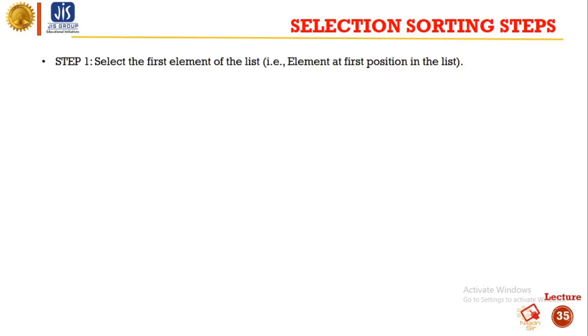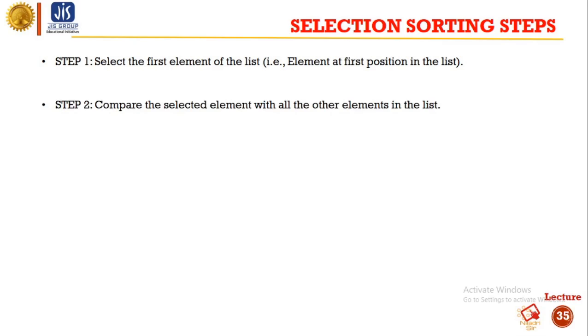Now come to the steps of selection sort. In step 1, we will select the first element of the list, that is the element at the first position in the list. In step 2, we will compare the selected element with all the other elements in the list.